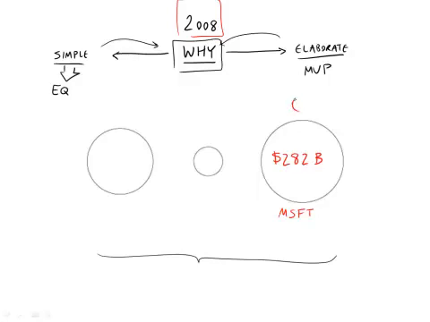And Microsoft was run by a guy named Steve Ballmer. And there's Steve up there. The second circle was a smaller company called Yahoo. Yahoo in those days had a market cap of about $35 billion. The sizes of these circles are accurately proportional to the total size of those market caps. And of course, Yahoo at that time was run by a guy named Jerry Yang.